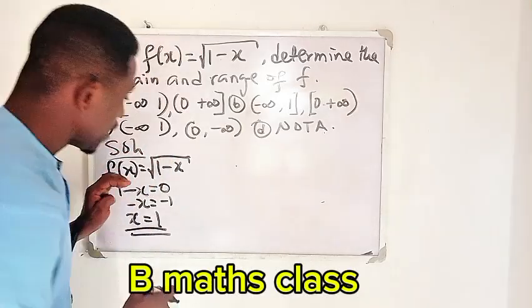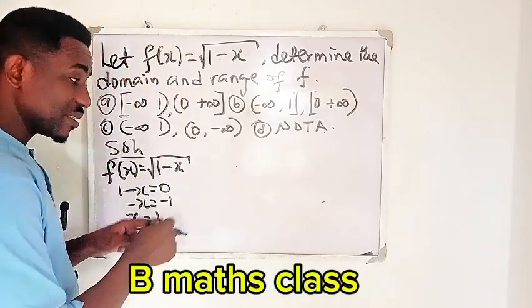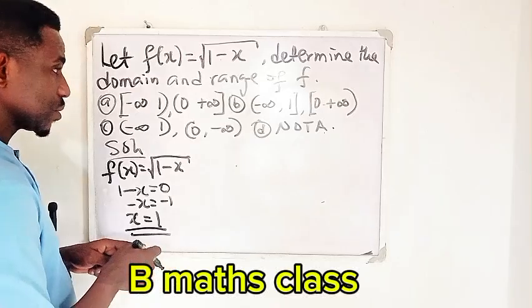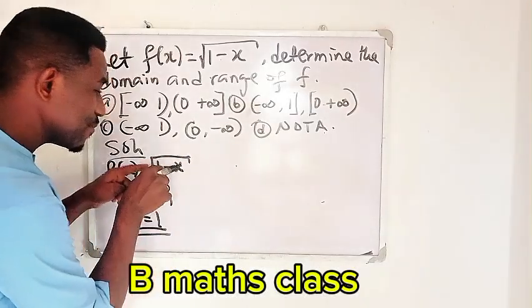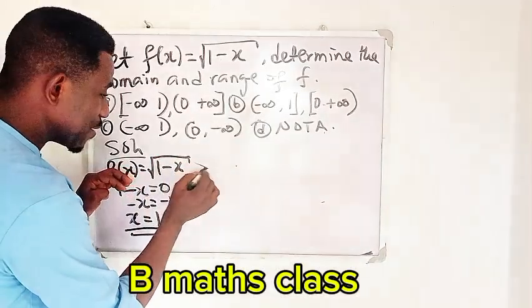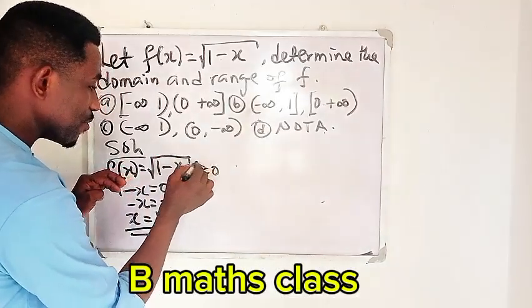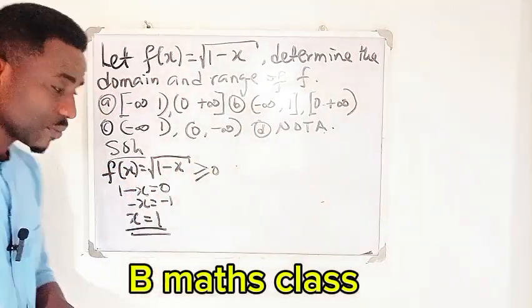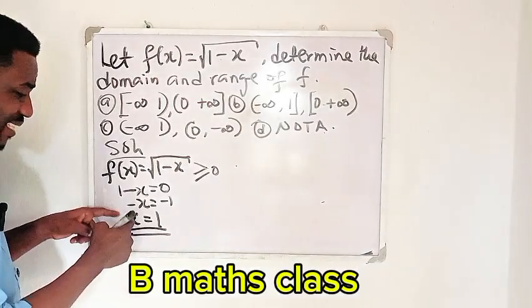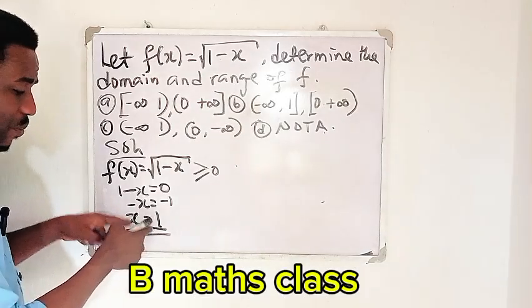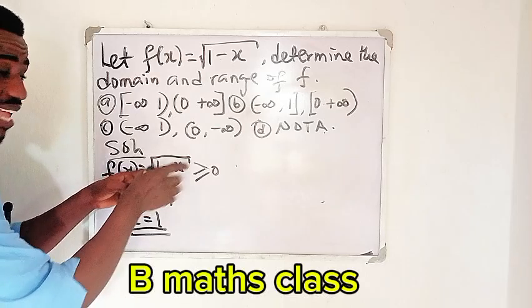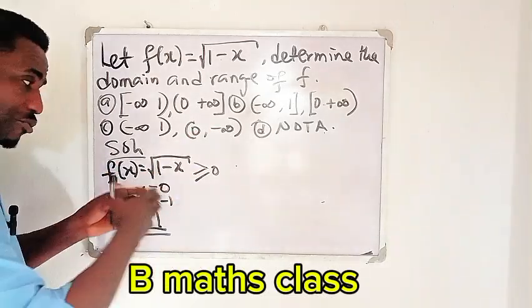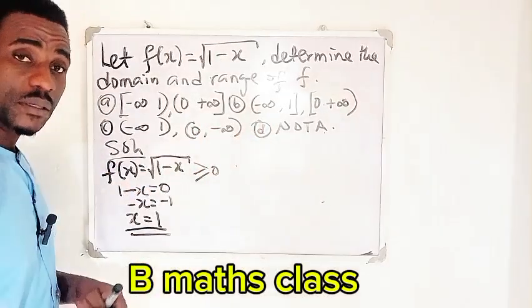Because x is 1, which is the 0 of the function, the inside of this square root must be greater than or equal to 0 for it to be valid. So anything apart from what satisfies this that you input here is not valid, and you take it away from the array.